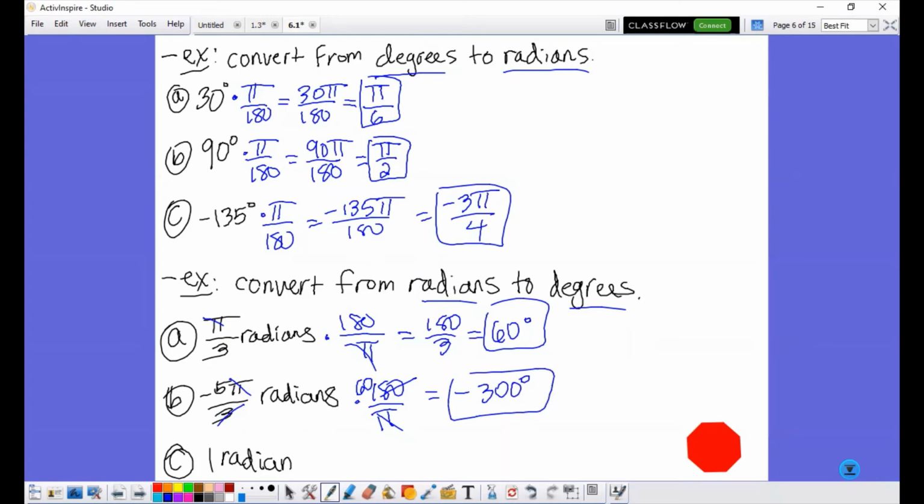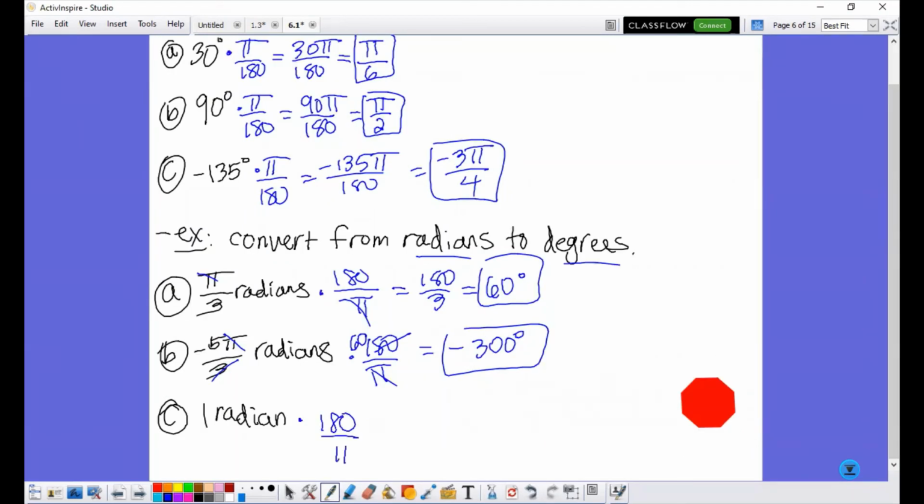For our last question here, it says 1 radian. I want to mention 1 radian is kind of a funny looking question, but we are going to approach this the same way. We're going to multiply by 180 over pi. Ideally, we want to get rid of the pi, but there's no pi in there, so all we can really do here is just multiply across.